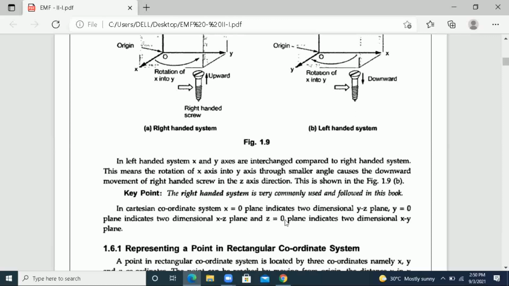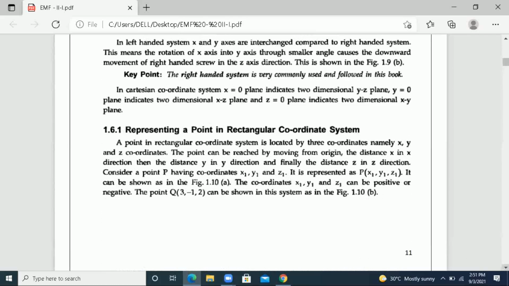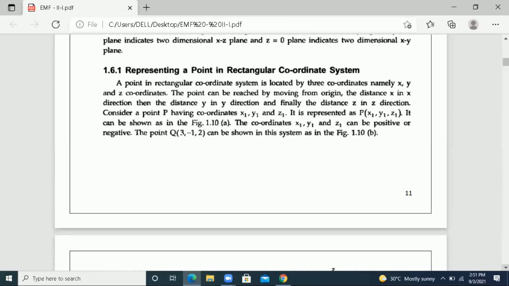And the z equals 0 plane would be x and y at z equals 0.